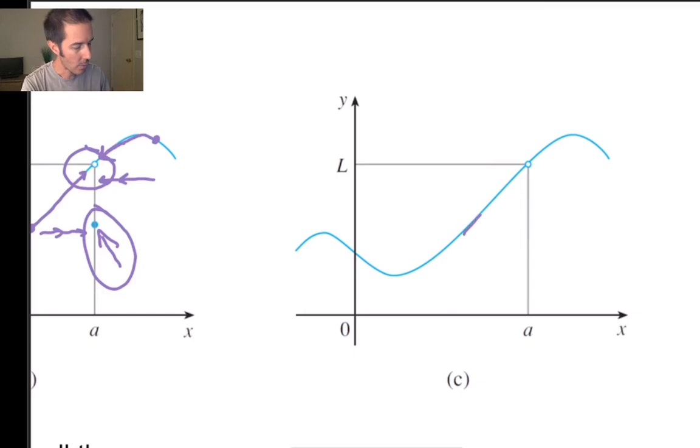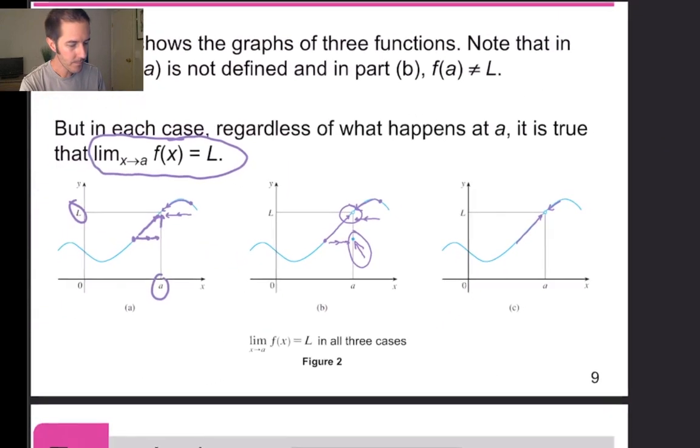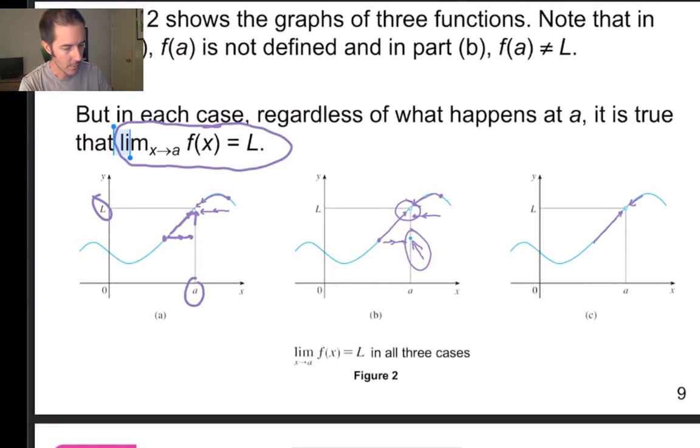And the answer is no. As we come in from the left, we end up aiming at a point that has a y value of L. As we slide in here from the right, we're still pointing at or approaching a point that has a y value of L. And since I'm never going to actually get to that point, because I don't care what's actually happening at that point, we can still say that the limit as x approaches a of f of x is equal to L. So that's a true statement as applied to all 3 of these graphs.